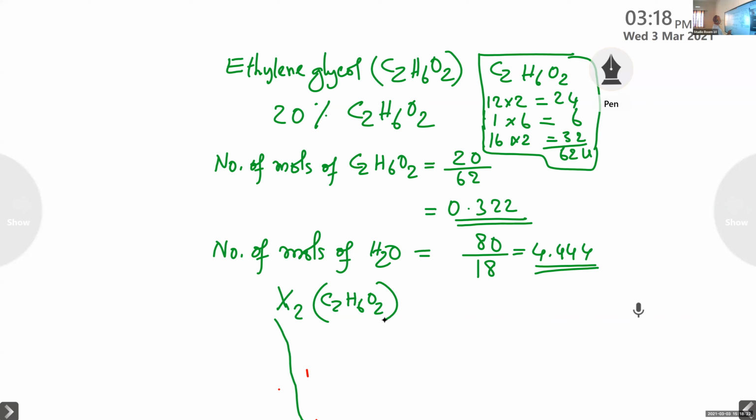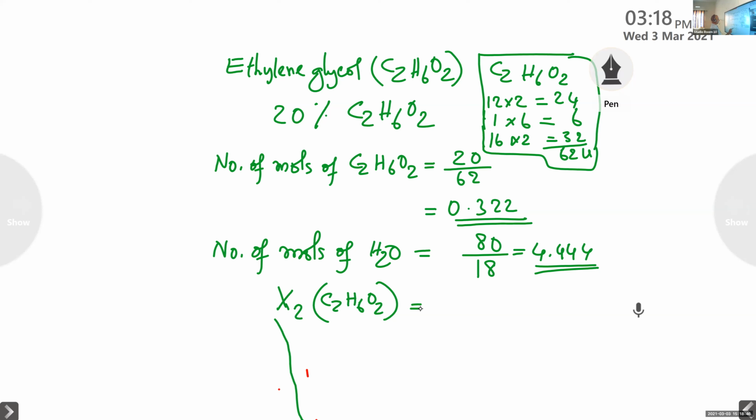So X2 of C2H6O2 is equal to number of moles of ethylene glycol by total number of moles. X is equal to number of moles of the component by total number of moles of all the components.